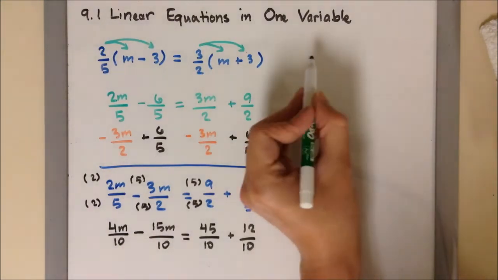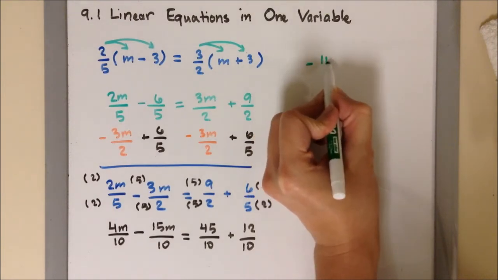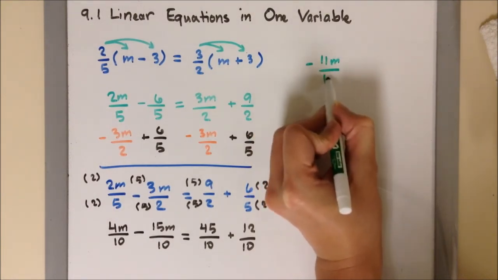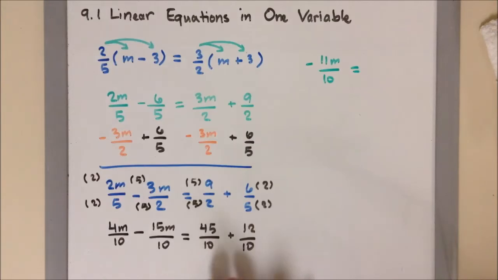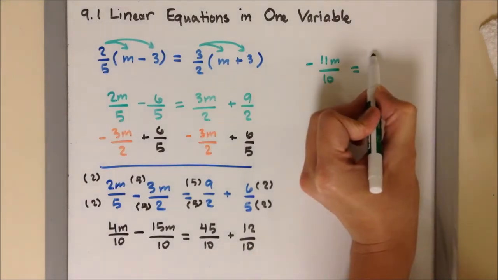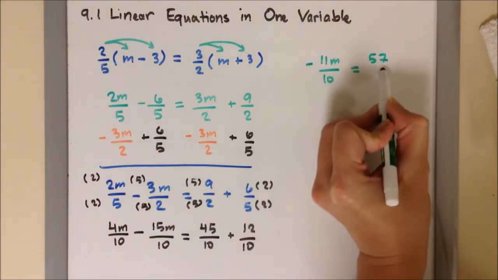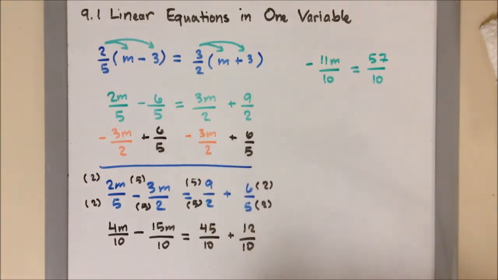So that's going to be negative 11m over 10 equal. And then on the right side, 45 over 10 plus 12 over 10 will be 57 over 10.